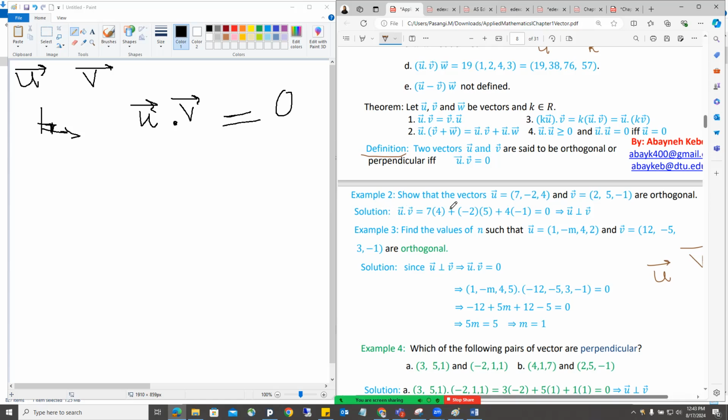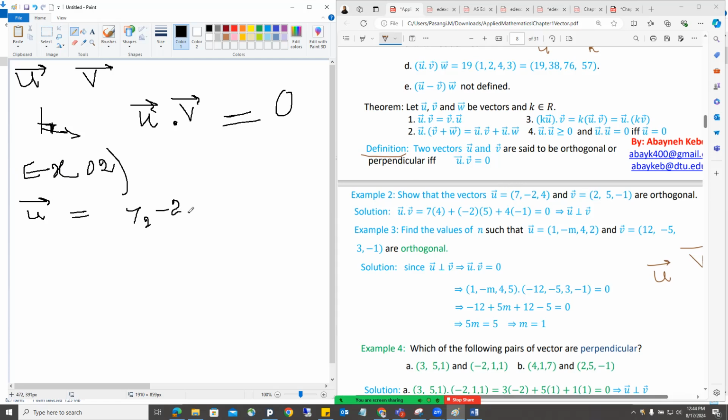Example 2. Show that the vectors u, which is 7, -2, 4, and v, which is 2, 5, -1, are orthogonal.